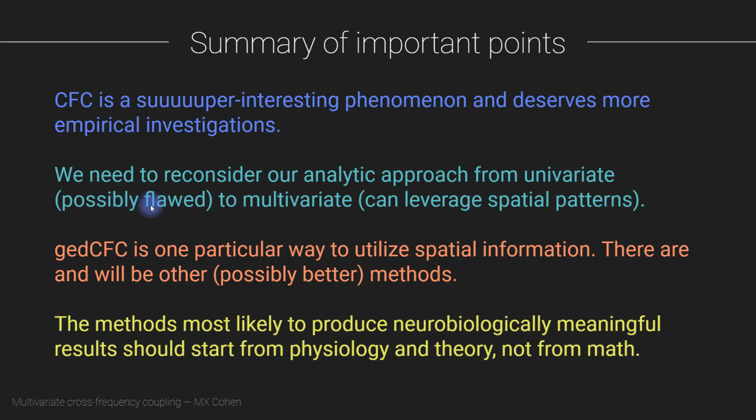They're not intrinsically bad, but I think they reflect a mixture of true cross-frequency coupling and non-sinusoidal waveform shapes. So I argue that we should start moving from these univariate approaches to multivariate approaches, where we can leverage spatial patterns in the signal and basically just ignore these non-sinusoidal waveform shapes. They don't have to matter for the multivariate approaches.